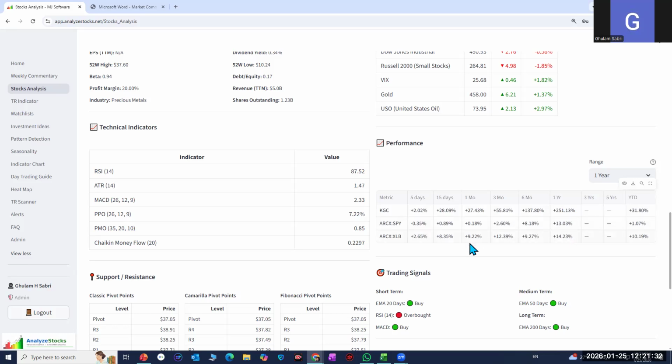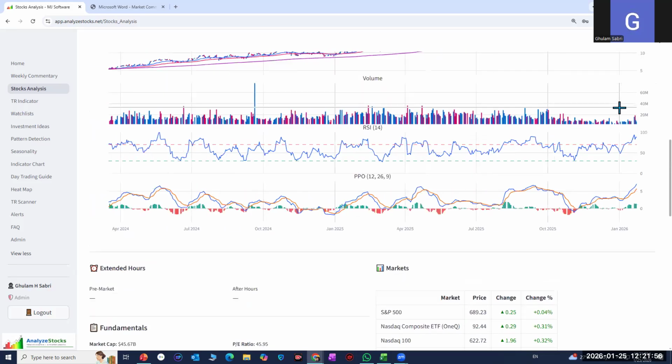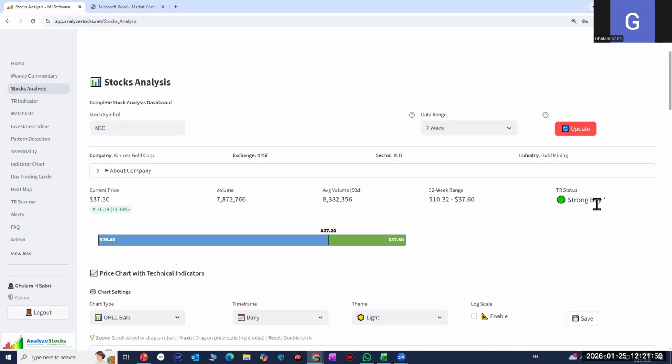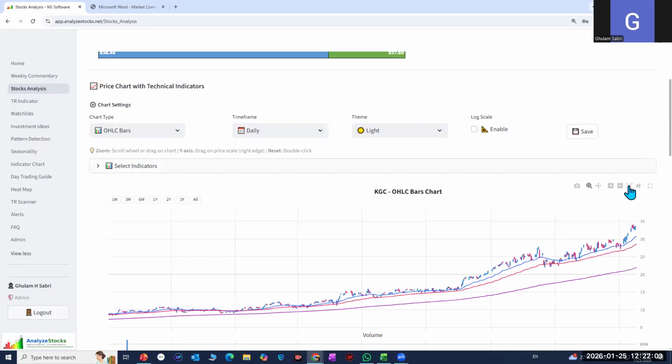And the overall material sector, which has everything in it, in which this particular stock is there, that includes gold and silver, is 9.22% in 1 month, 9.27% in 6 months, and 1 year is 14.23%. So this has outperformed both of these, and that's why we can see an asterisk here, which means that it is really performing very well at the top of the range.